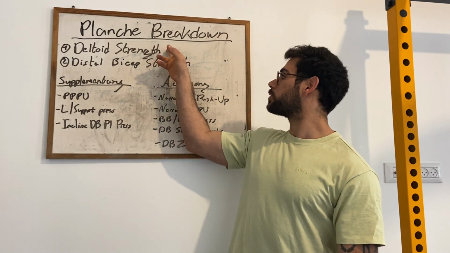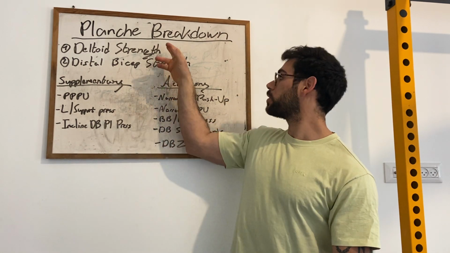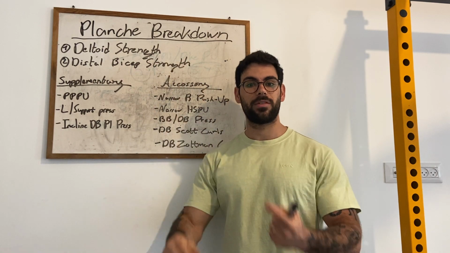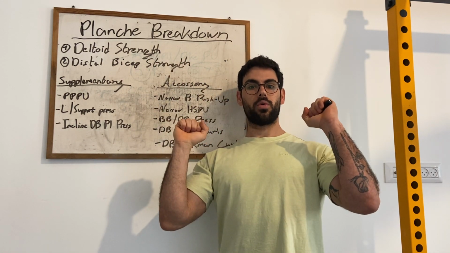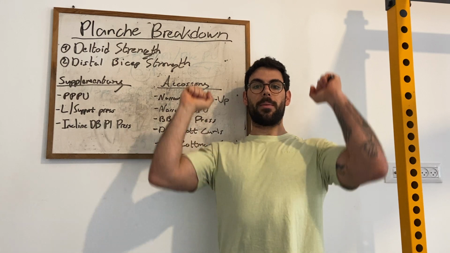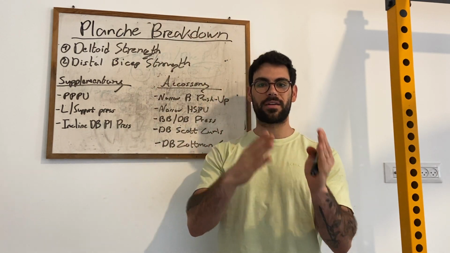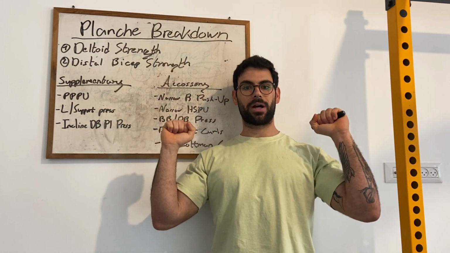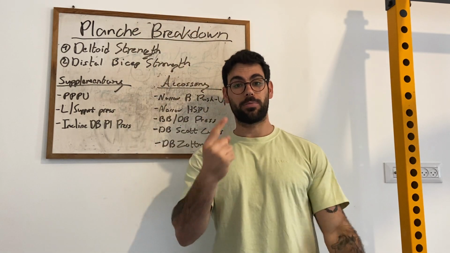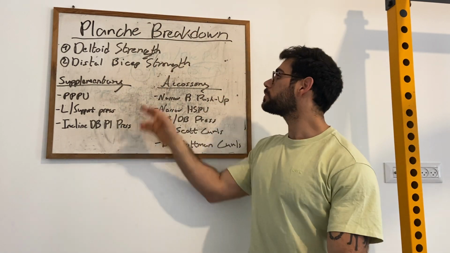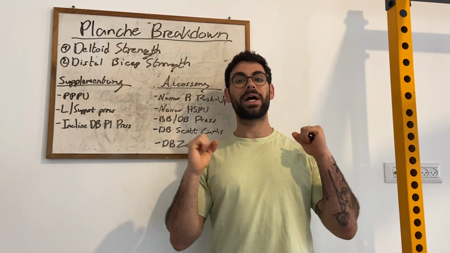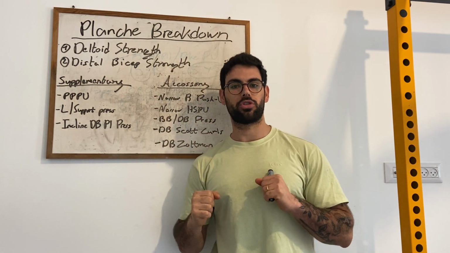A good mark to have when training the planche is to have a full 1 times body weight barbell overhead press. If you weigh 70 kilograms, 70 kilograms is on the bar and you are able to press it once. Or 5 full range of motion handstand push-ups.